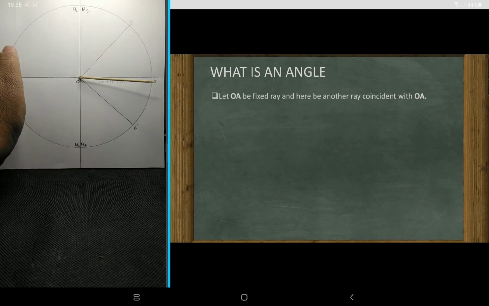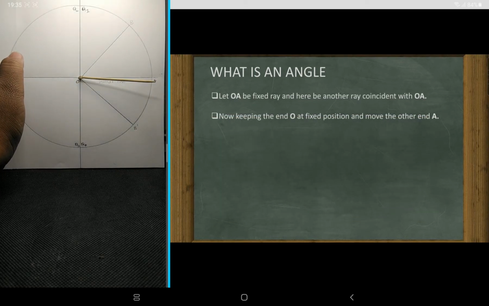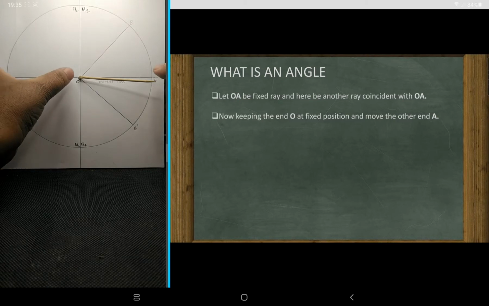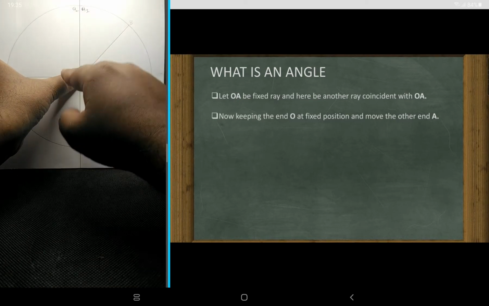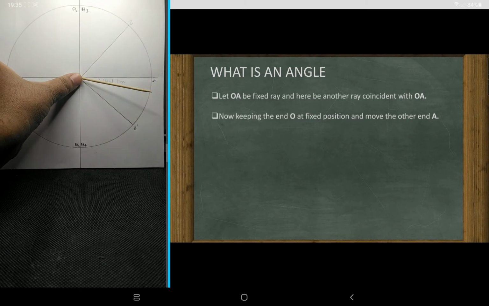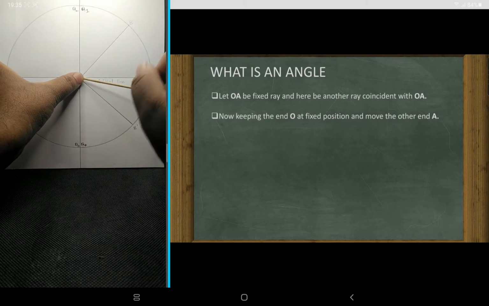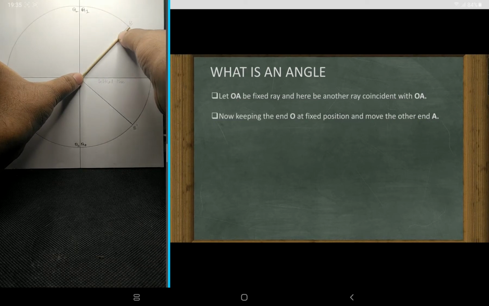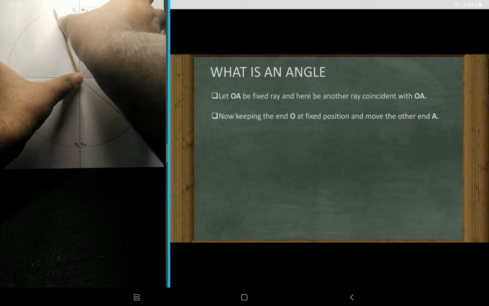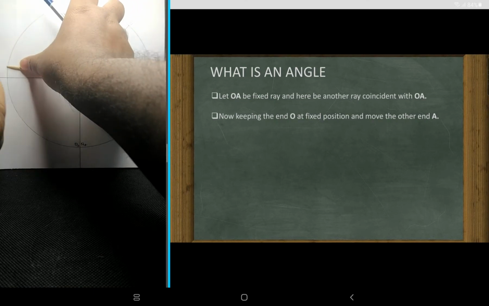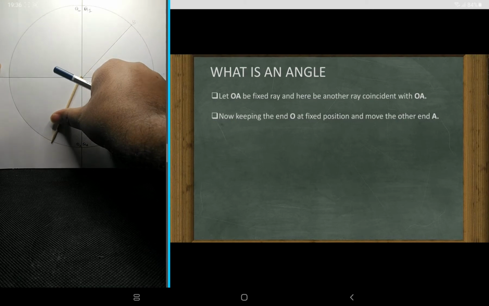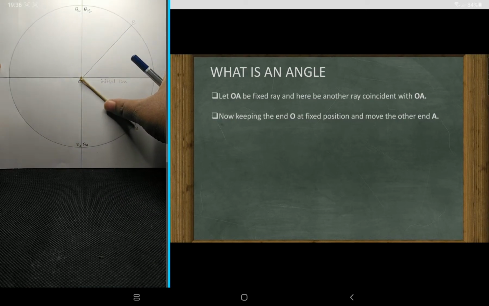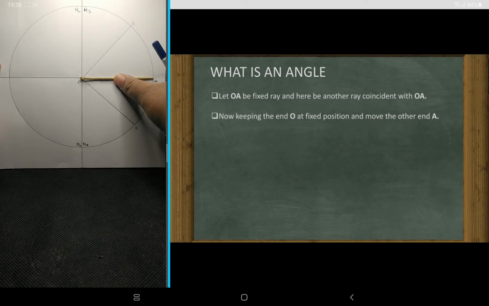As mentioned on the right side, now keeping the end O at a fixed position, we move the other end A. That means keep O constant. The center of the circle stays constant, and we move the point A. When we move this point A, it travels throughout the perimeter of the circle, and it reached its starting point.